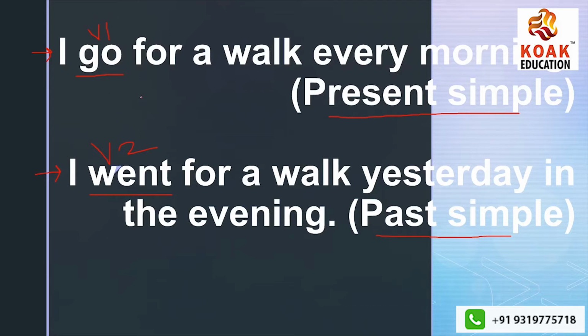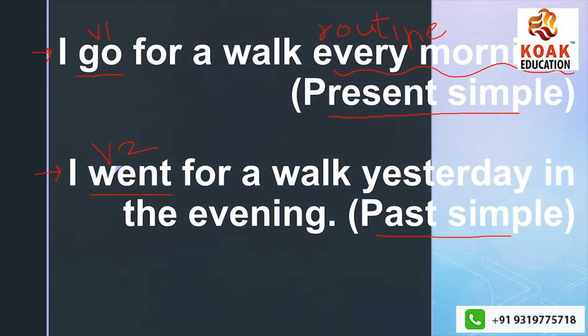So when I say I go for a walk every morning, this is present simple because I am using the phrase every morning, which means this is a routine action, a habitual action, and not a habit of the past, because every morning means I go every day. This is a routine.